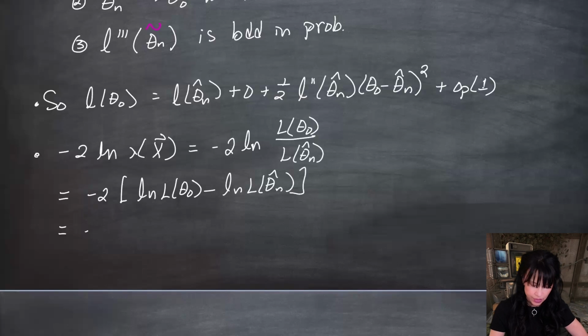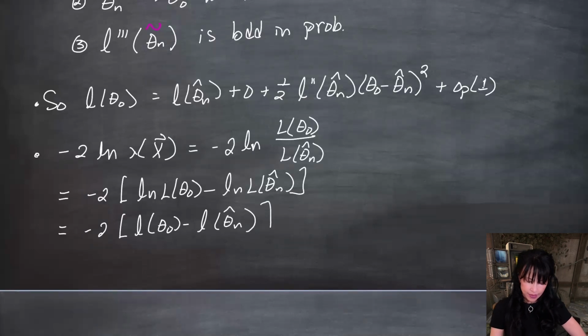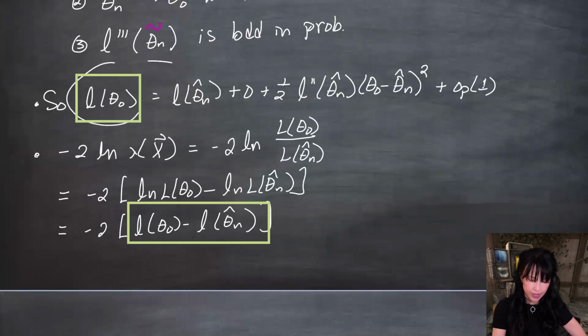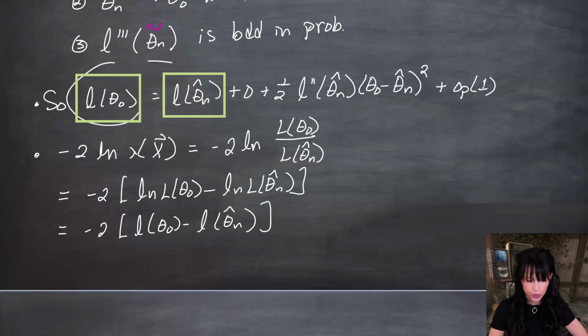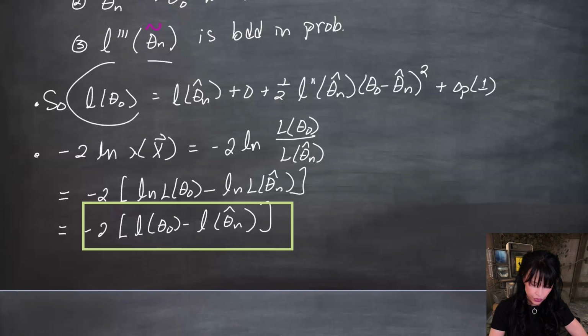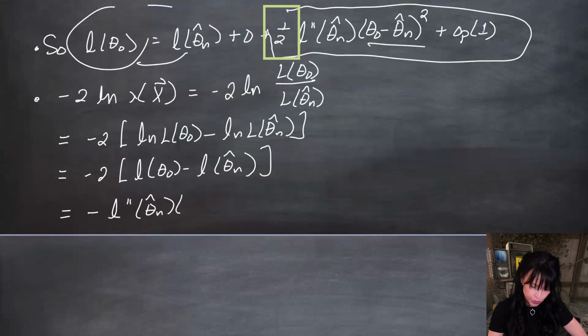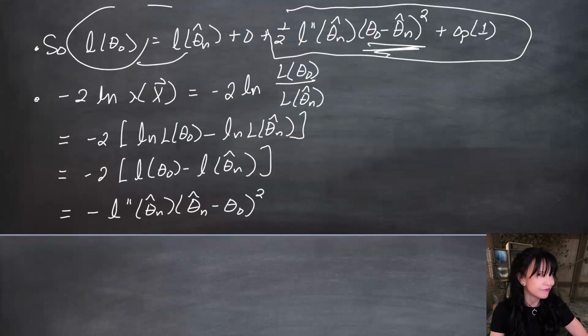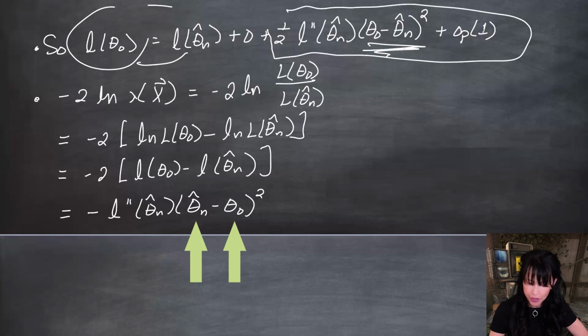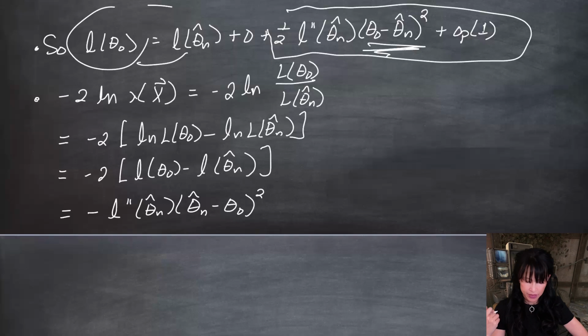Our log likelihoods, we denote with this sort of just L. And this is what I have here if I subtract this to the other side. So this is equal to -2 times this stuff. I've got a 1/2 there, so I will get a little bit of cancellation, and we'll get negative L double prime of theta n hat times this. It's squared, so I'm going to write it in the way that will probably make you more comfortable. Yes, I turn things around, but it's squared.